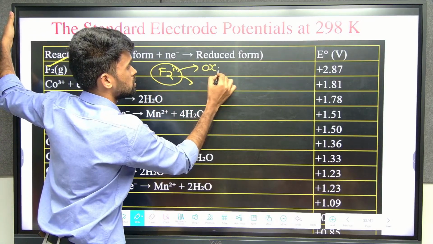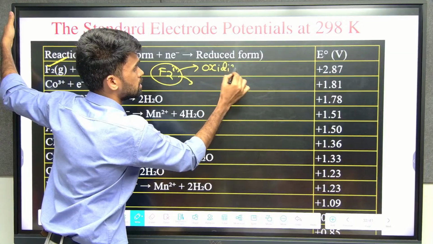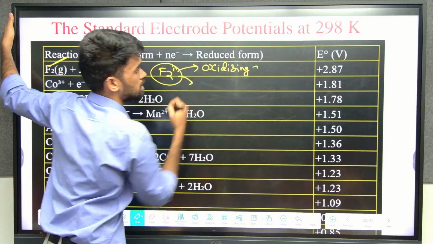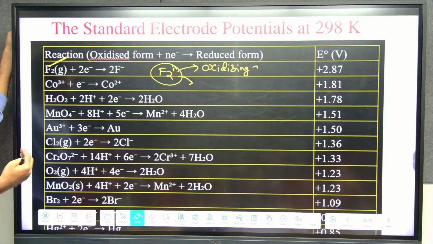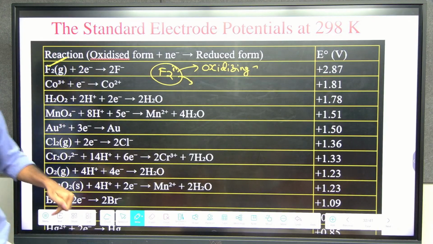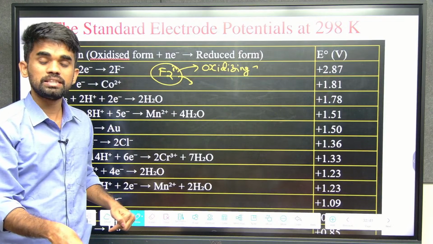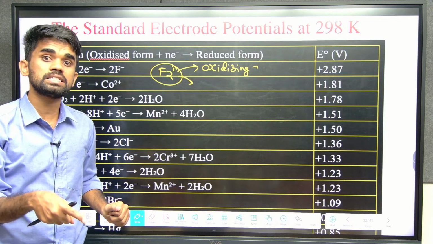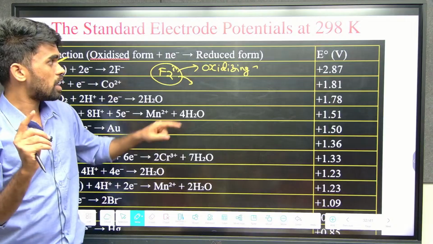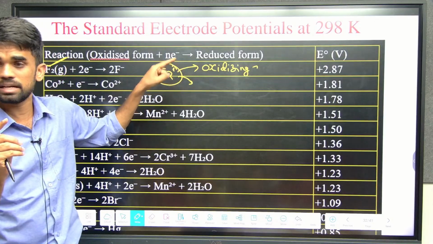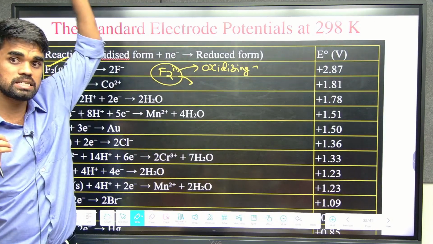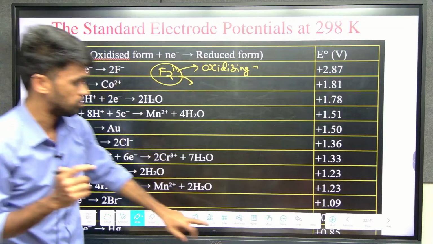What is this? Strong oxidizing. Who is the strong oxidizing agent in the periodic table? They will ask you. Fluorine. Okay. Now in this table, who is at the bottom? Lithium. So lithium will be the strongest reducing agent. Strongest oxidizing agent is fluorine. Strongest reducing agent is lithium.